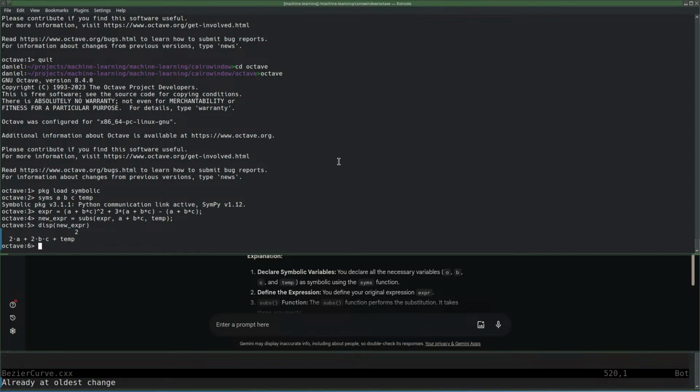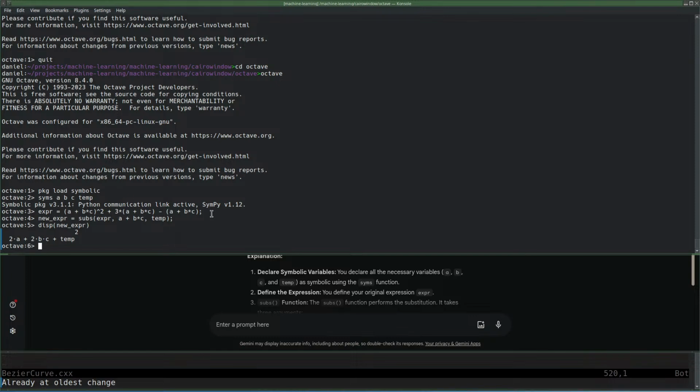Not very good. Can we say horrible? That should be, of course, 2 times temp. 2 times A plus B times C. 3 times temp minus temp.